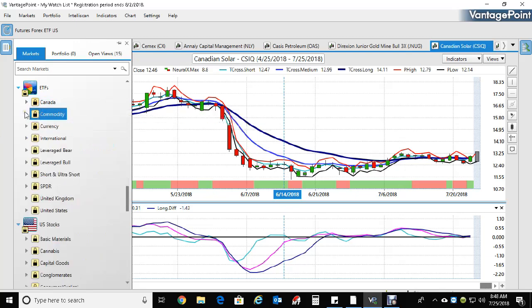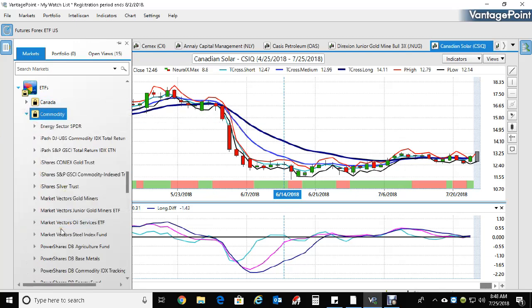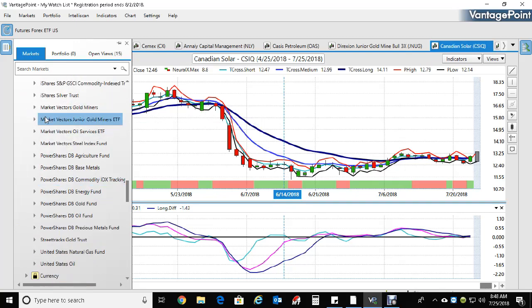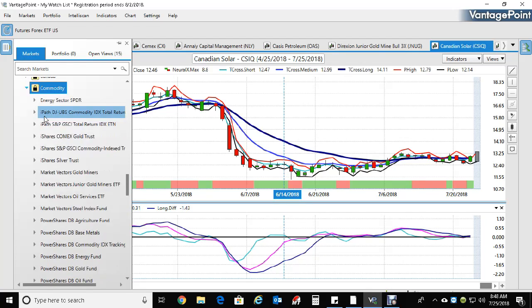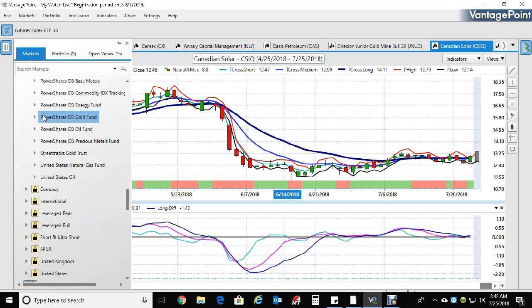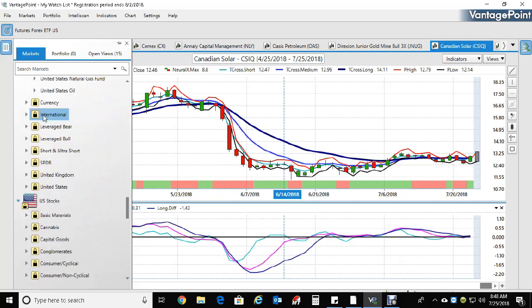Each sector comes with all of the options under that sector. The ETFs, US stocks, or Canadian stocks that have options are sold by sector, and the futures and the forex are individuals.